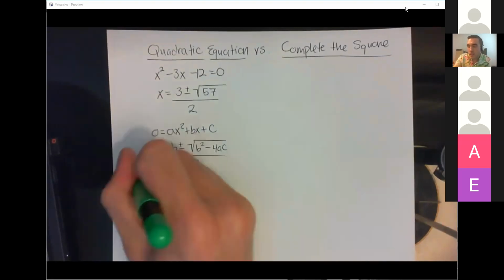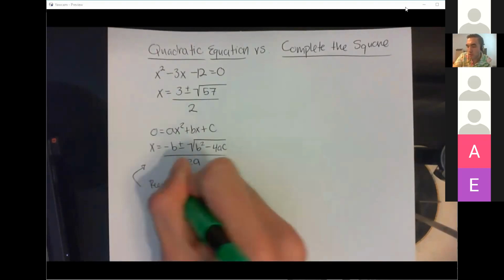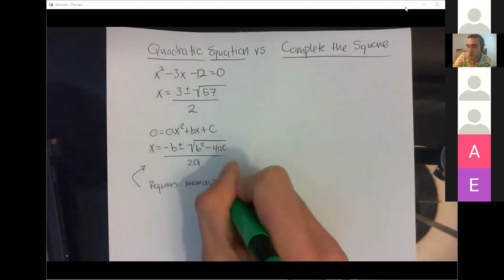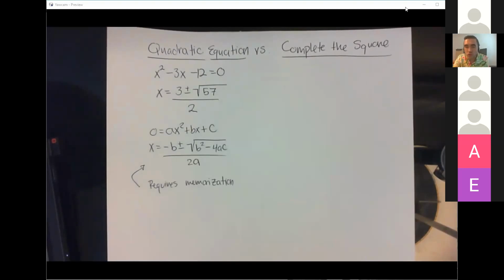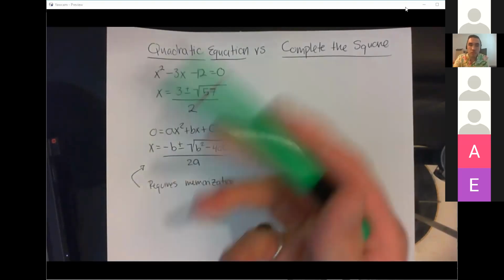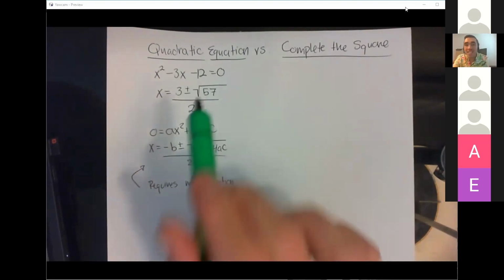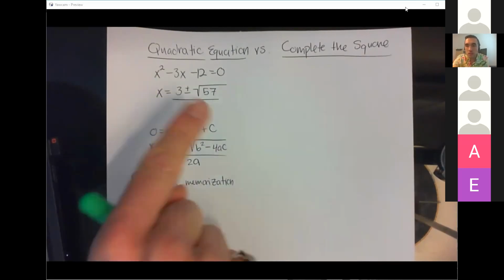But my one knock against this is that I feel like this requires some memorization, right? You just have to know this cold, or if you're doing your homework, you can just Google the quadratic equation if you need it. I like completing the square because I would assert we'll get the exact same answer, except it'll be less memorization. And I'll just start off by writing out the order of the steps for completing the square, and then we'll do it to this as an example.